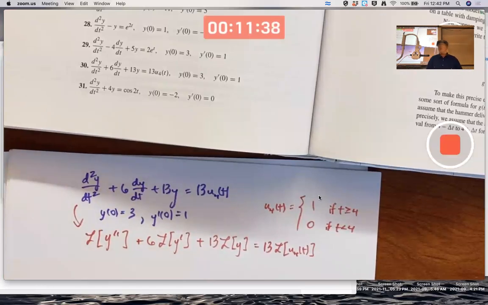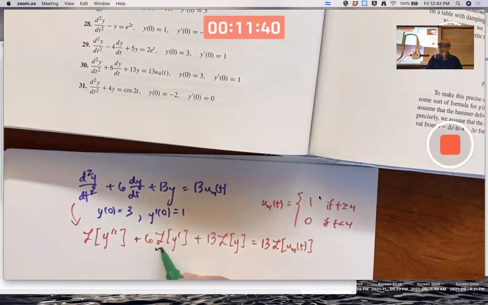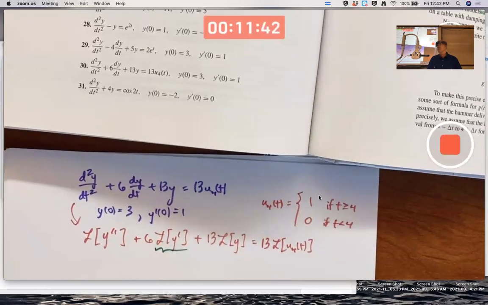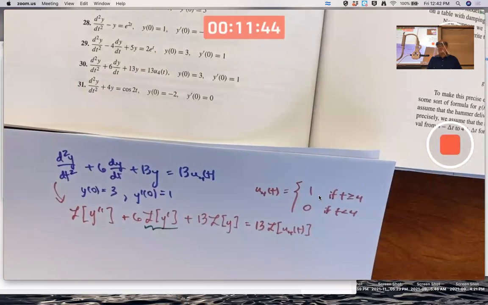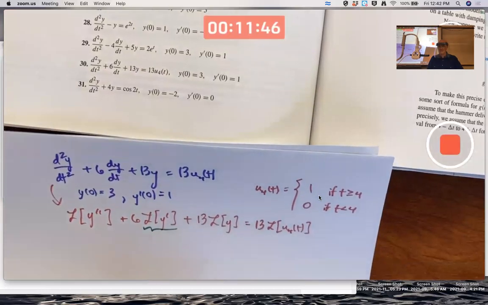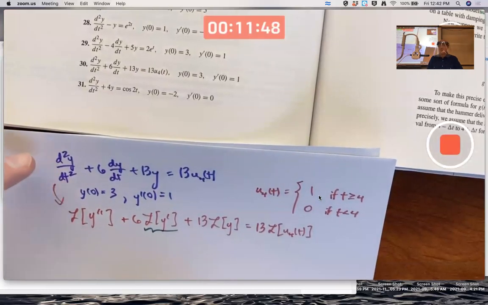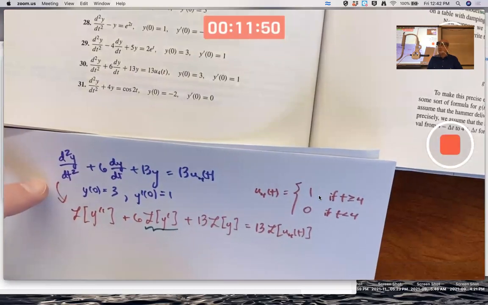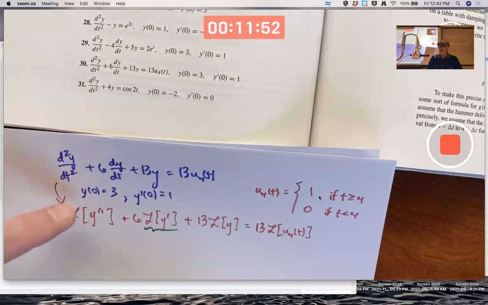Besides linearity, one property you need is how the Laplace transform affects derivatives. And this has the benefit of also bringing the initial conditions into place. So when we take the Laplace transform of both sides, the initial conditions are used almost right away instead of at the end.